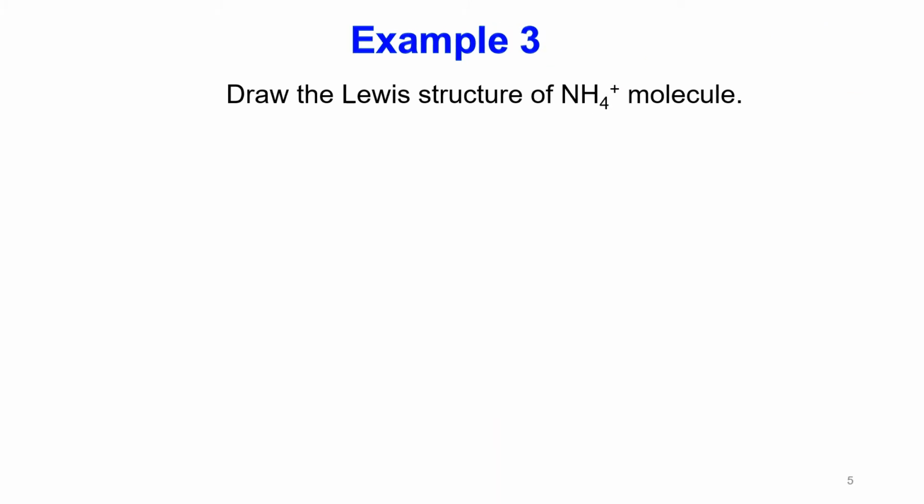Third example, NH4+. Number of valence electron, nitrogen 5, hydrogen 1 times 4.